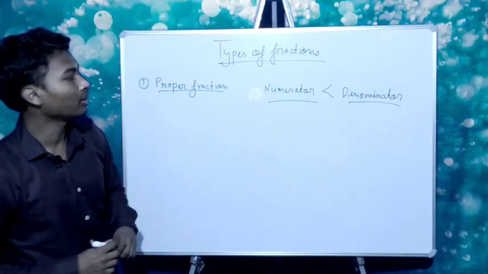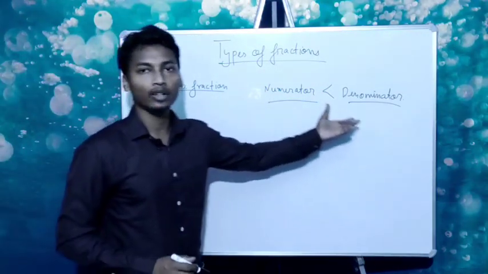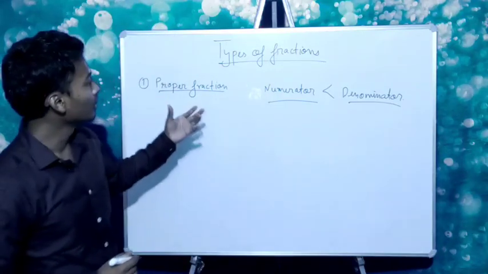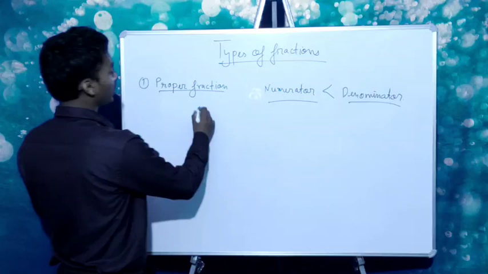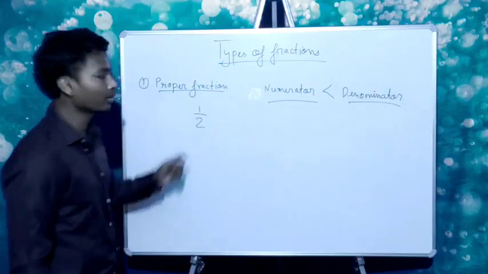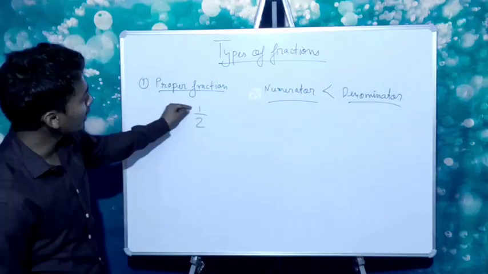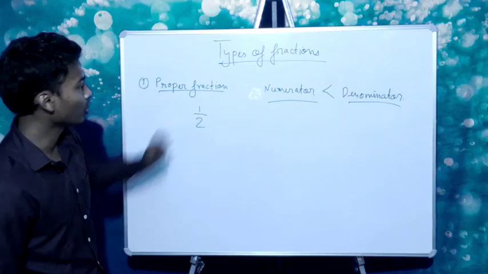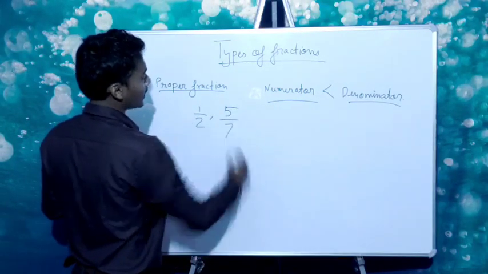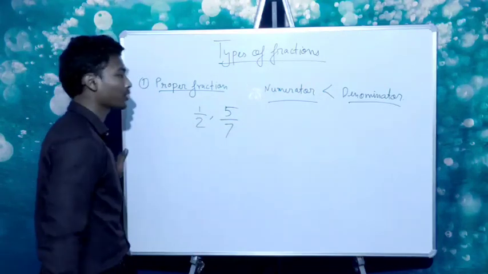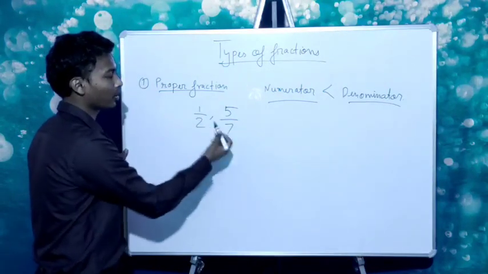So the numerator should be less than the denominator, then the fraction will be termed as the proper fraction. If I write the fraction 1 by 2, it is a proper fraction where the numerator is smaller than the denominator. If I take 5 by 7, this is also a proper fraction because the numerator is smaller than the denominator.